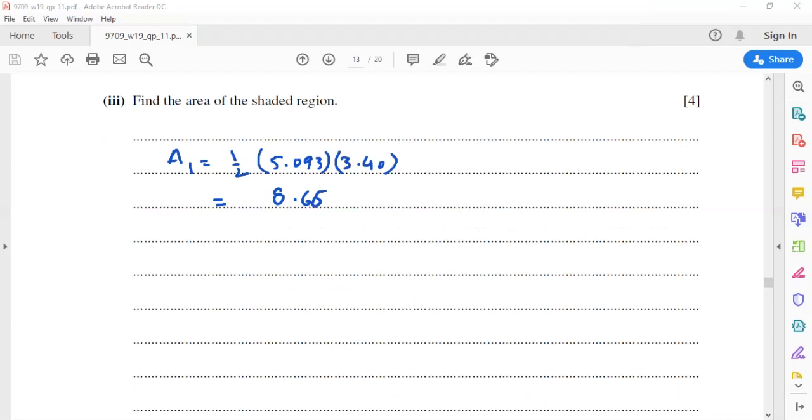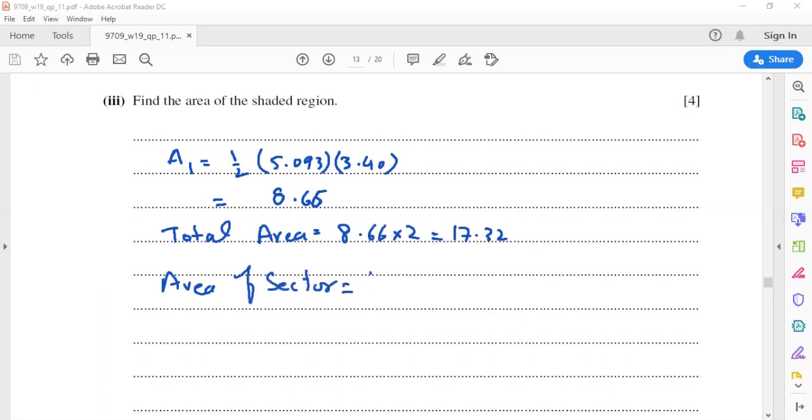We will have the same area on the other triangle, so total area is going to be 8.66 multiplied by 2, which is 17.32. Now, area of the sector. For finding the area of the sector, we have the formula half r squared theta.